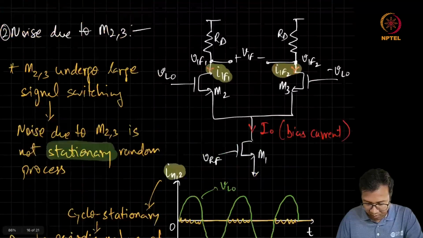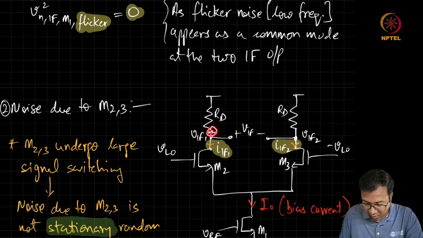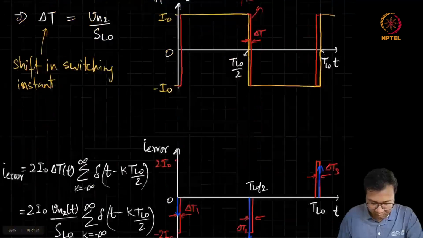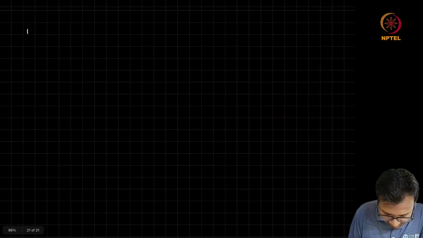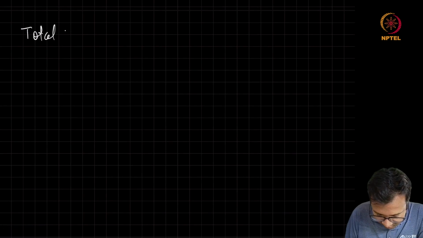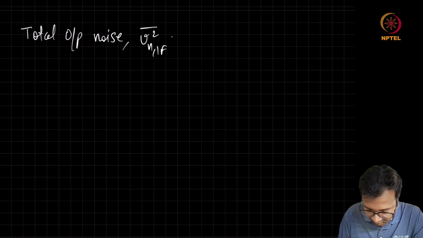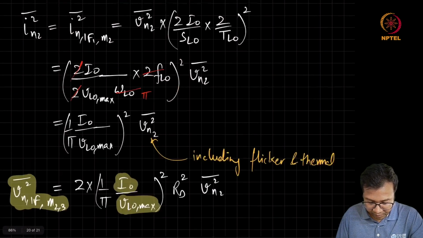We can easily see that the noise due to each of these will come as it is at the output. So we can write the total noise VNIF as the sum of all the noises.